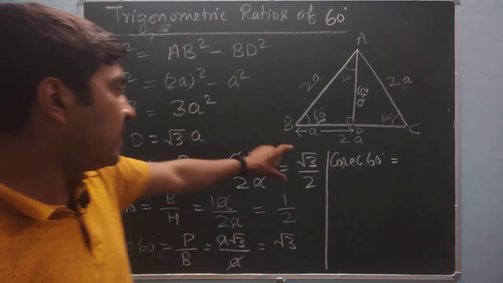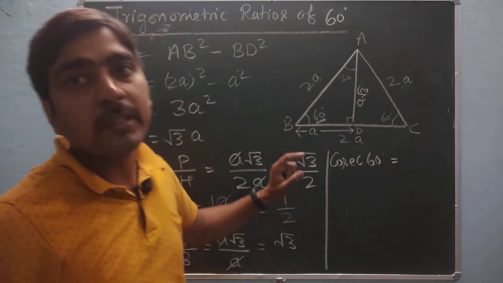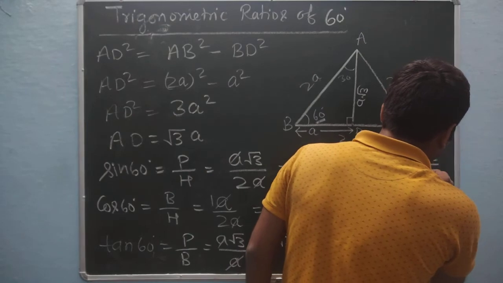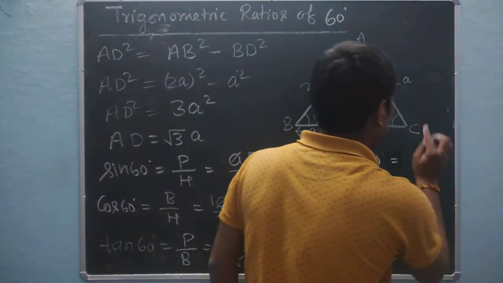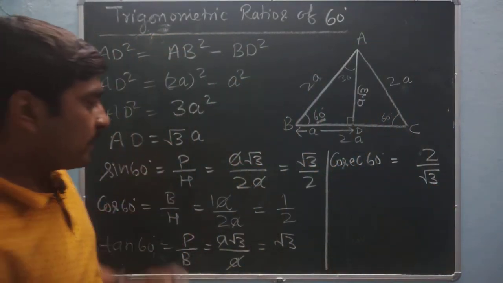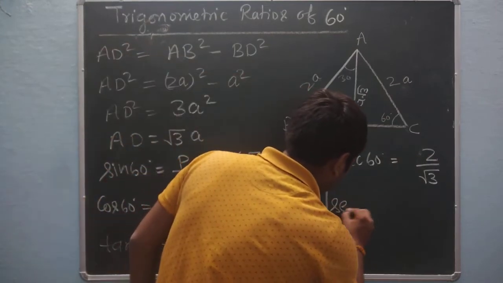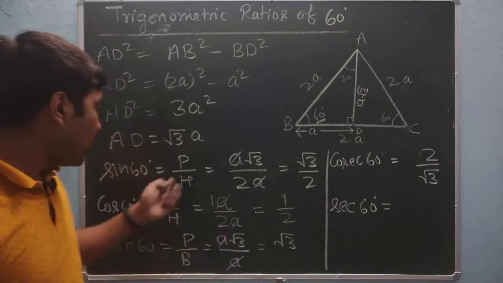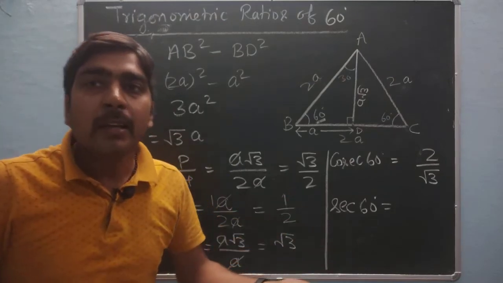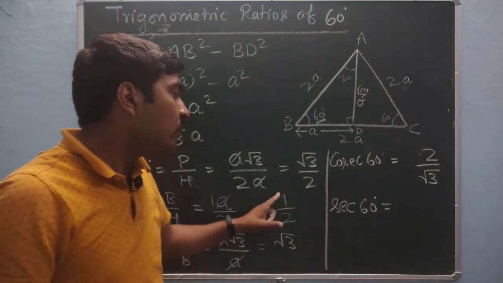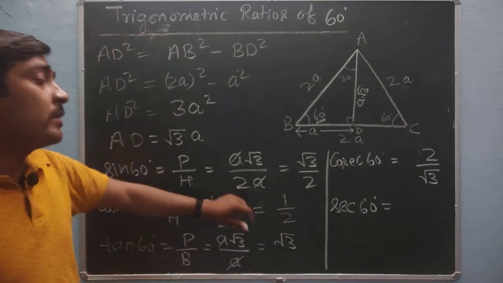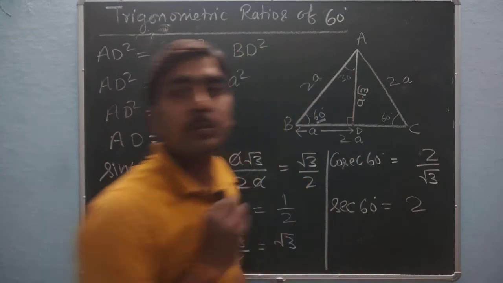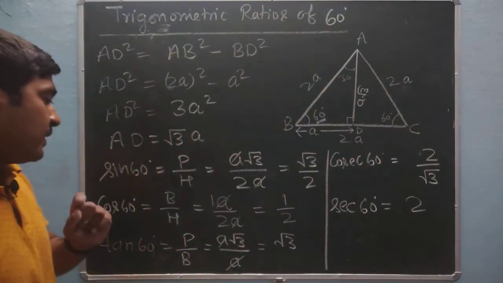So if sine 60 is root 3 by 2, then cosec 60 will become 2 by root 3. Sec 60 is 1 by cos 60. Cos 60 is 1 by 2, so sec 60 will become 2.